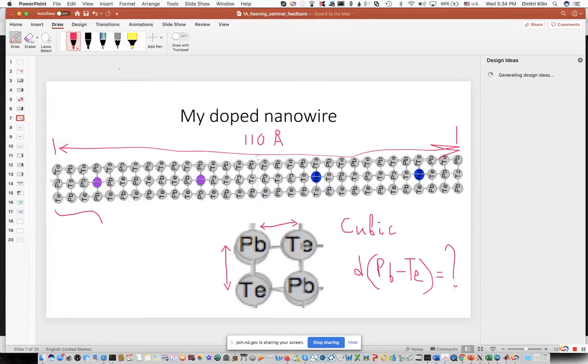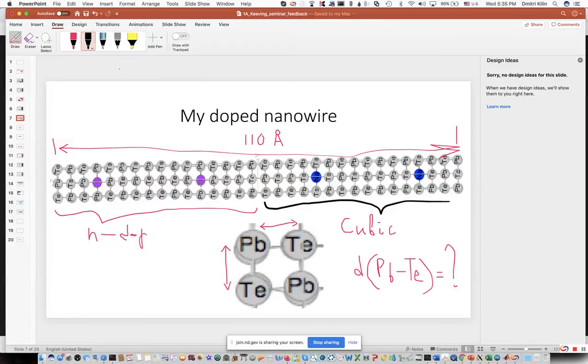Next slide. Just a second. Oh, okay. So the lead telluride has a cubic crystal structure, right? Yeah. So you may bring it up and tell what is the typical distance between lead and telluride.